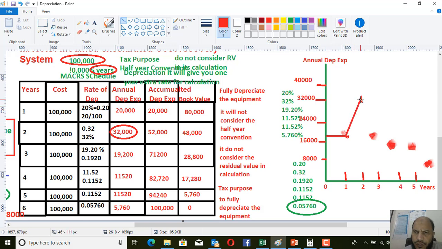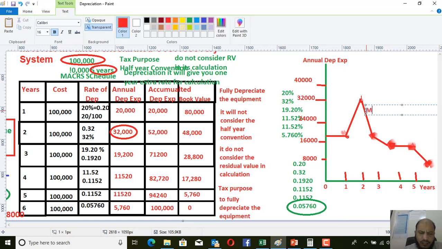So see, year 2 is 32,000. Then in year 3, how much do we have? 19,200. And then we have 11,520, and then again 11,520. And finally we have 5,760. So these are all the amounts that we have developed over here, and this is called the MACRS line.